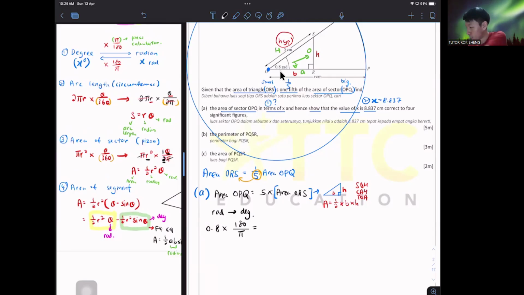I forgot my calculator. Okay, so 0.8 times 180 over pi, 45.84. It's 45.836, you can write more decimals, but I will stick to four significant figures.